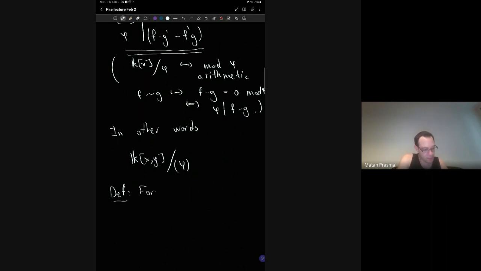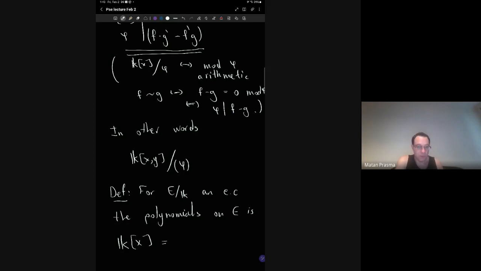For an elliptic curve E over K, the polynomials over E, or maybe on E, is the set K[E], which is simply K[x,y] modulo this defining polynomial phi.